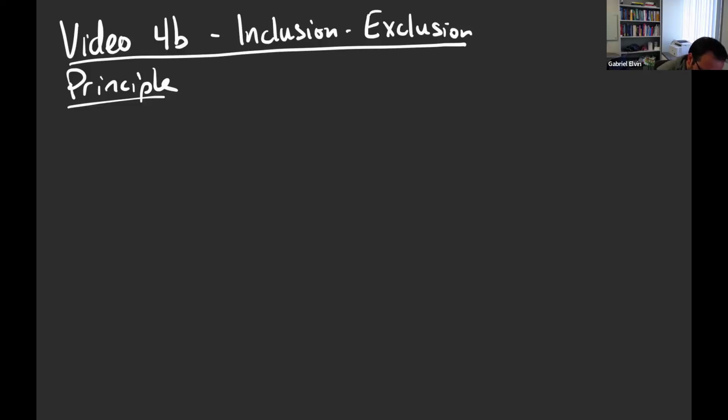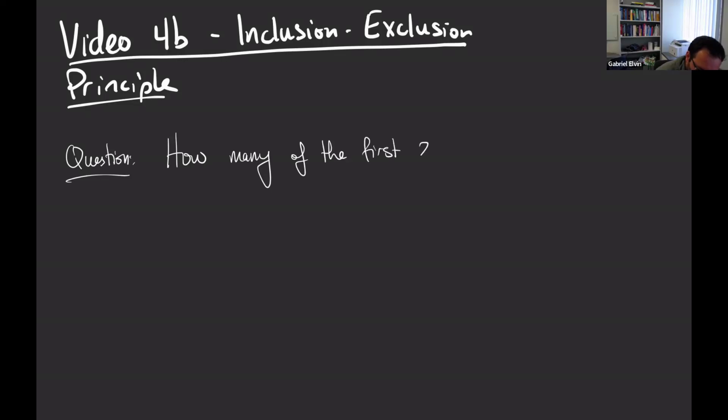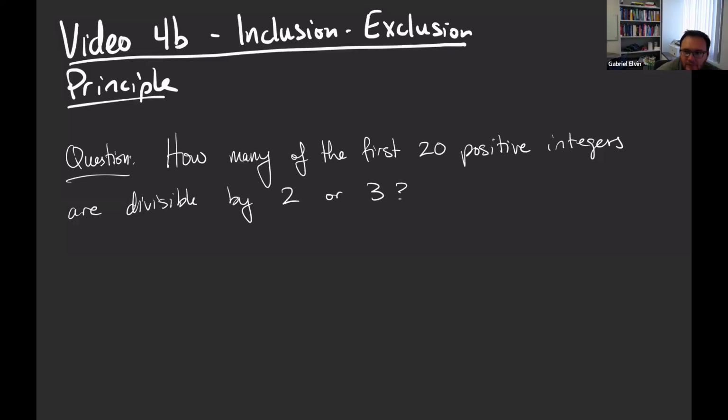So question. How many of the first 20 positive integers are divisible by 2 or 3?